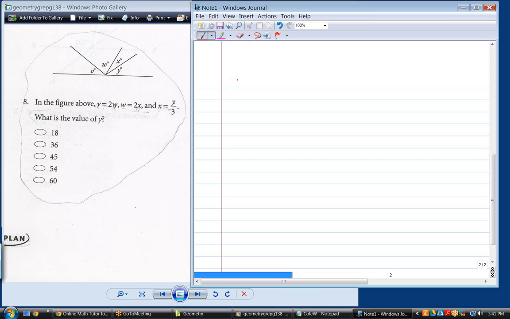V plus W plus X plus Y, indeed, is equal to 180. Okay. Now, since they're asking about y, what we'd really like to do is put every other variable in terms of y, right? In other words, I can't solve this as is. I've got 4 variables and only one equation.